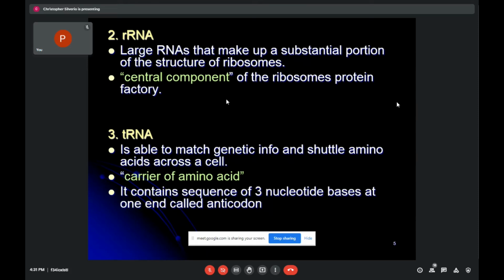We know that the opposite of the anticodon is the codon. And where can you find the codon? You could find the codon in the messenger RNA, whereas the anticodon could be found at one end of the transfer RNA.